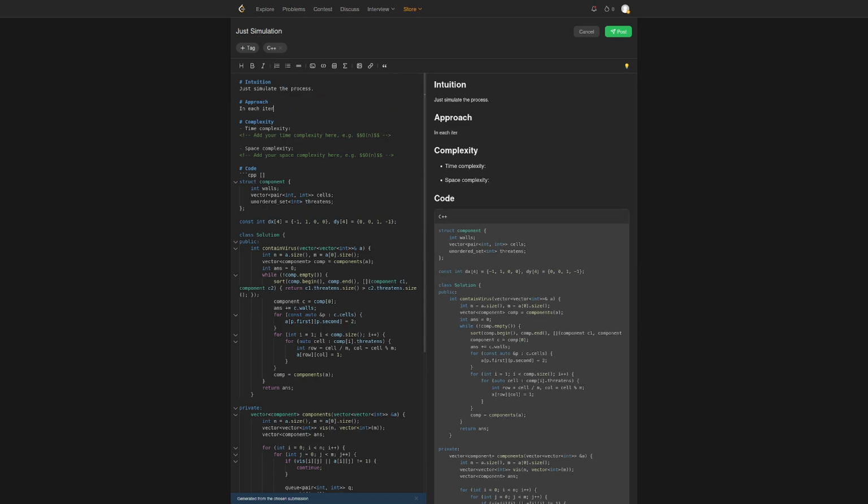In each iteration, find the spreading components.